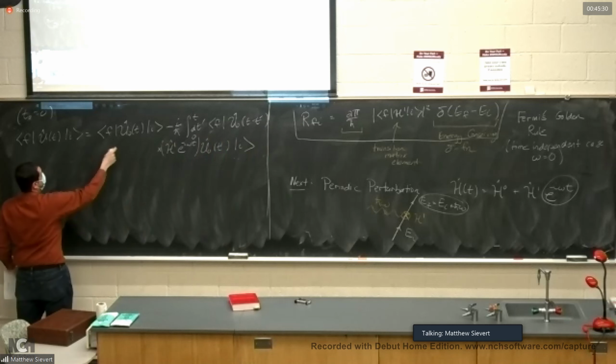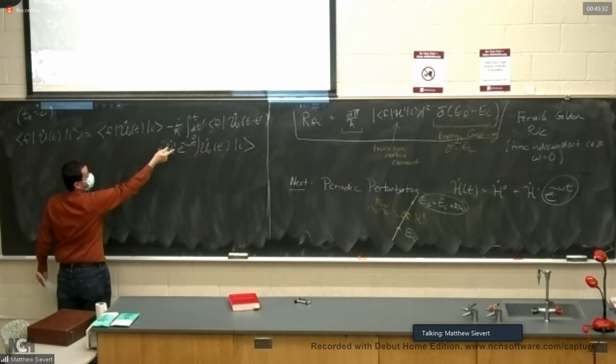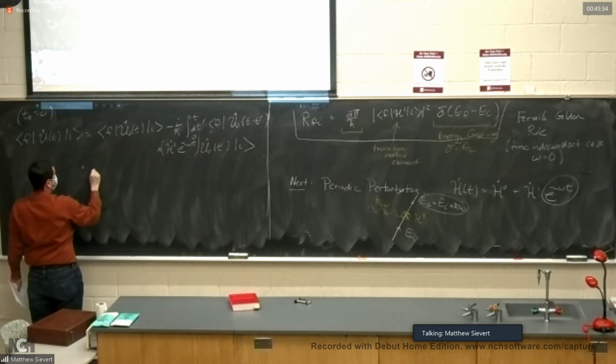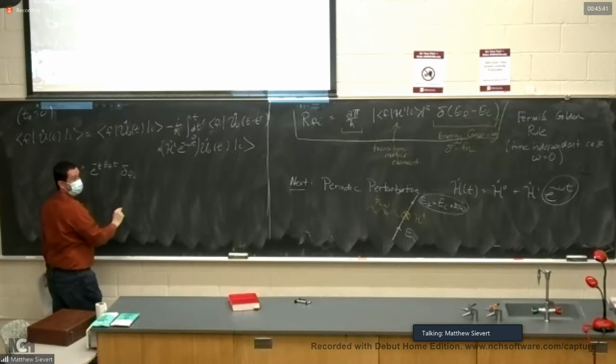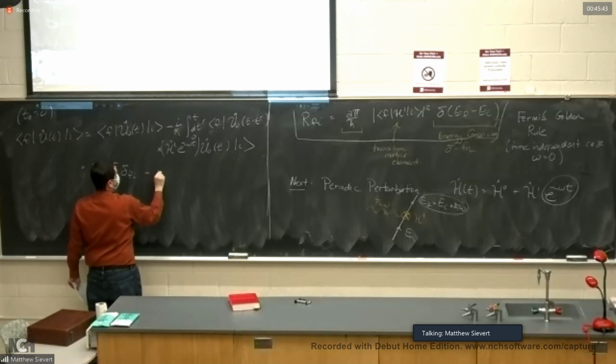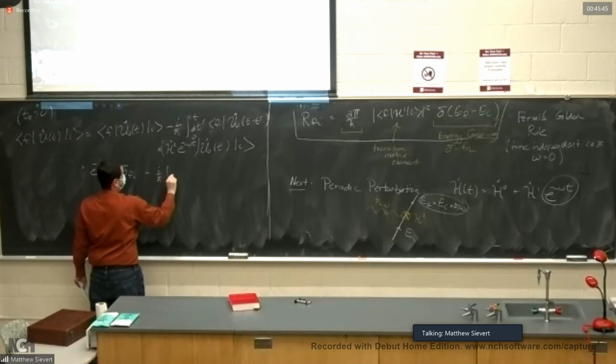So in the same way, I evaluate the propagator on the eigenspace. So I get e to the minus i over h bar, E final times time, delta final state initial state, minus i over h bar, integral dt' from 0 to t.